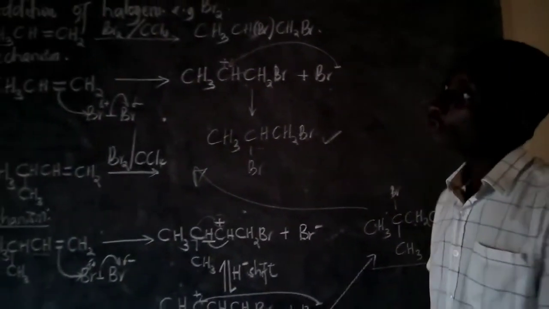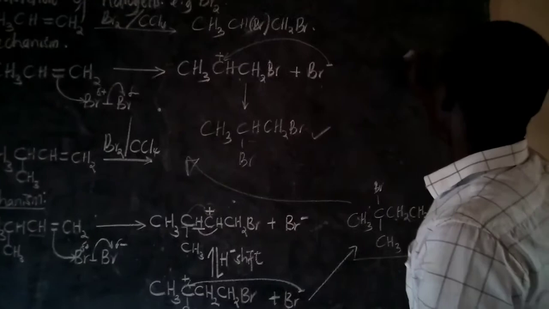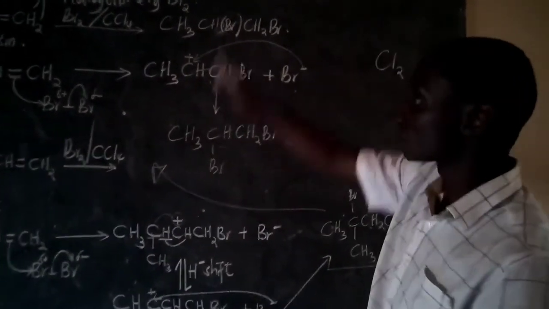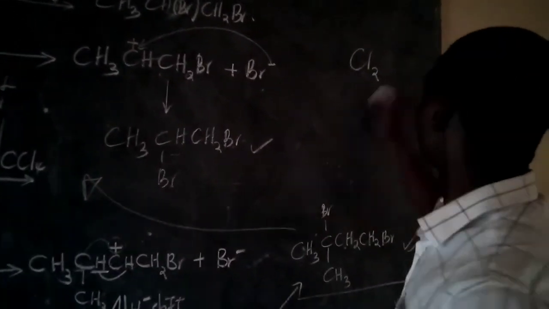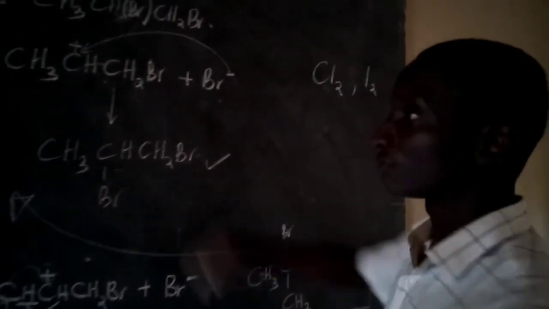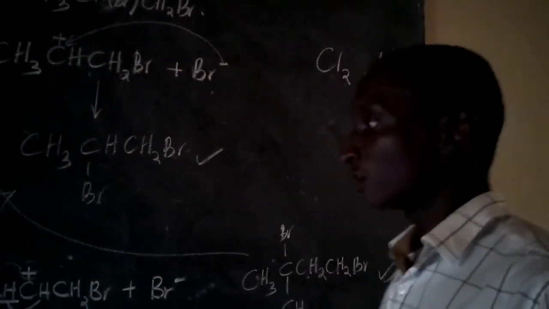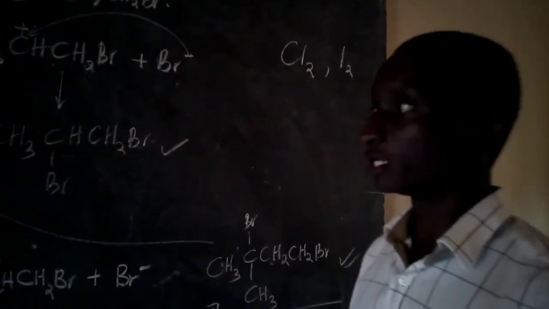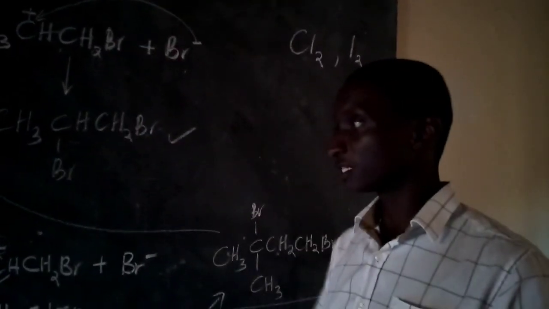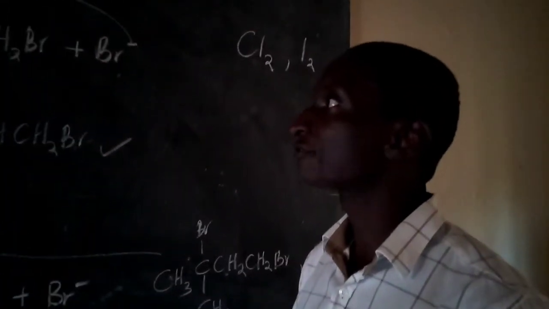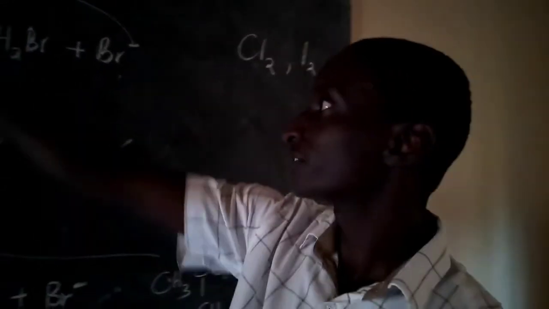The rest of those halogens, if you bring chlorine, it will follow the same mechanism. If you bring iodine, it will follow the same mechanism. What I've used here has been on the bromine to give you a picture of what exactly is done. So feel free to try out the same examples.